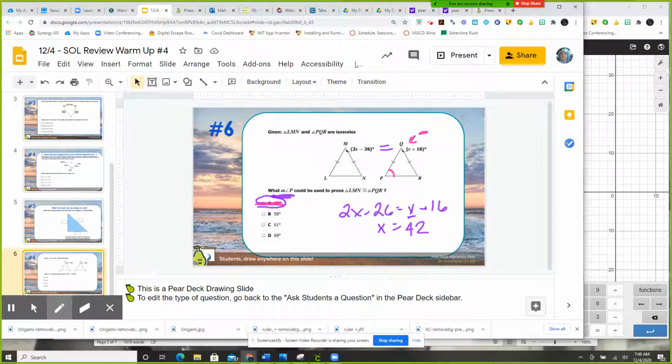Sweet. So we've got to add the 42 and the 16. So I've got to do 42 plus 16. So then angle Q equals 58. Thank you for helping my tired brain. So then we do exactly what Victoria said. Angle Q is 58. We know that these two angles are congruent.